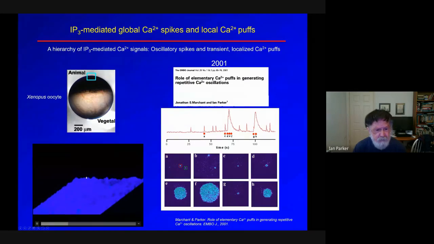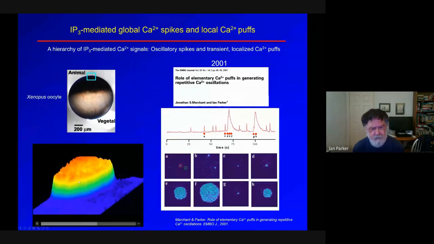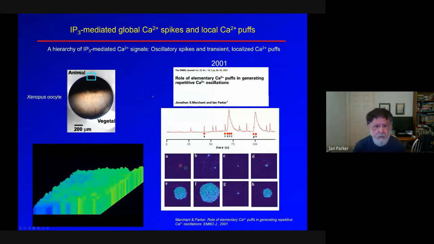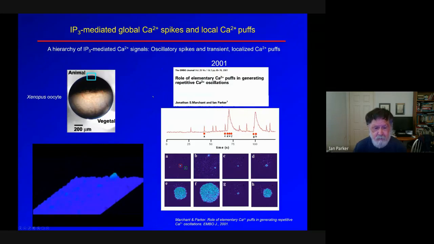One at the corner here triggers a wave that then spreads across this part of the oocyte. So calcium puffs, a little local signal, which seems it can act as a trigger to propagate waves. On the trace here, you can see these are calcium spikes preceded by calcium puffs, and then we get a much bigger global rise in calcium.